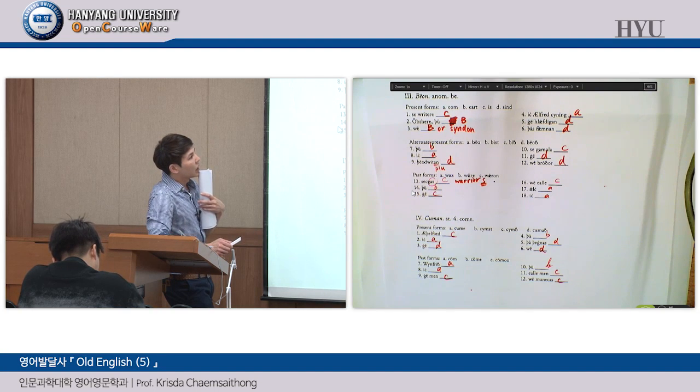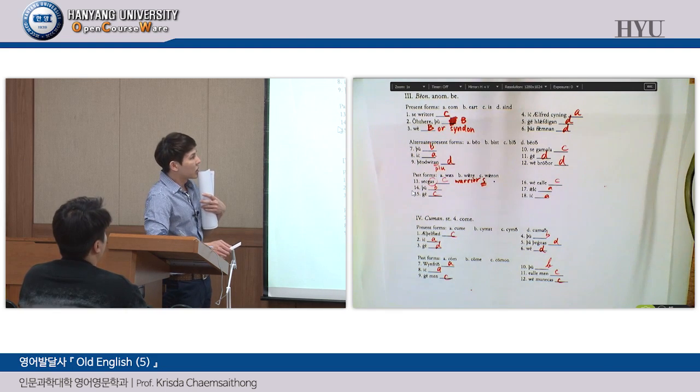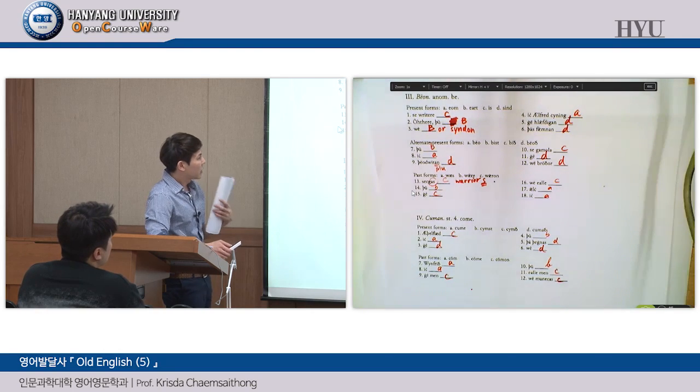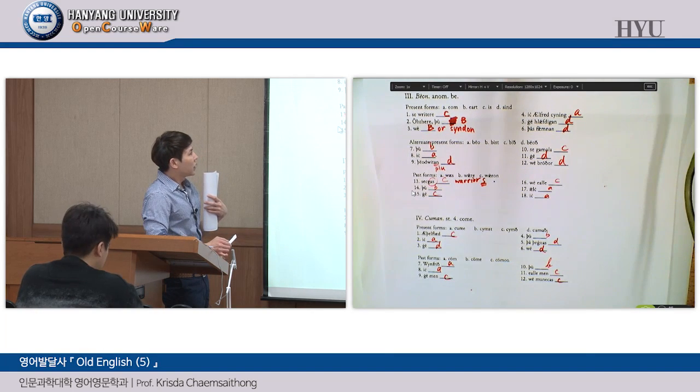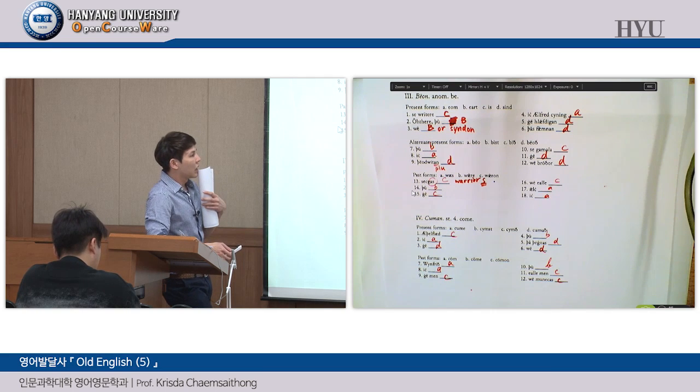Number 10, you know because it's se, right? Se, singular. Third person. What else? Number 13 here, as ending, always plural, right? Nominative plural. So you know that you have to select a plural form.